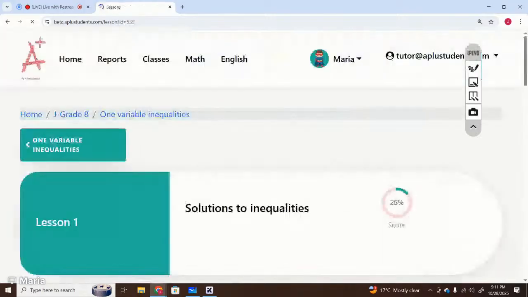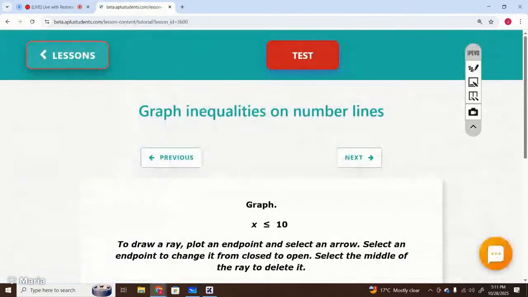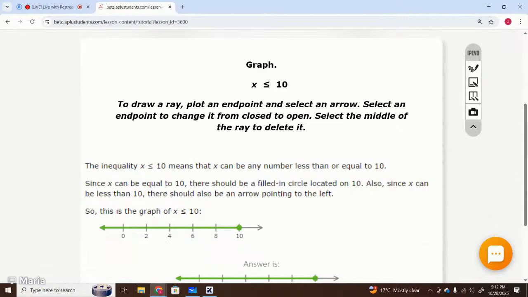The next lesson is graph inequalities on number lines. Graph x is less than or equal to 10. So we have an equal sign.